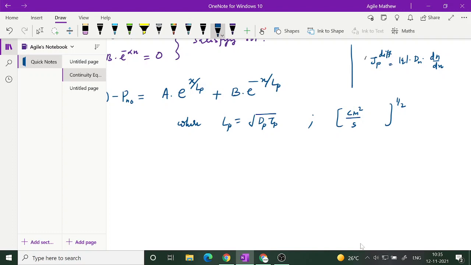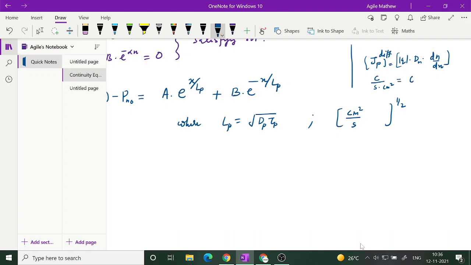So the unit of the left side will be equal to the unit of the right side. The left side is current density: coulomb per second per centimeter square. Coulomb per second is current, which is ampere, divided by centimeter square per unit area.